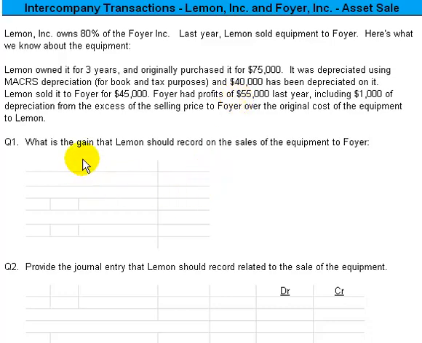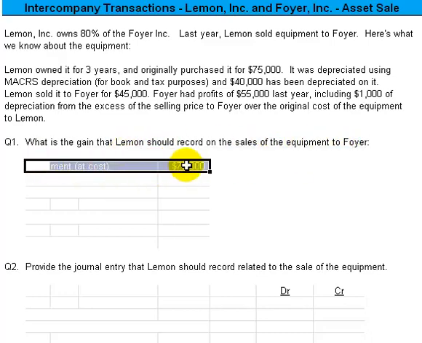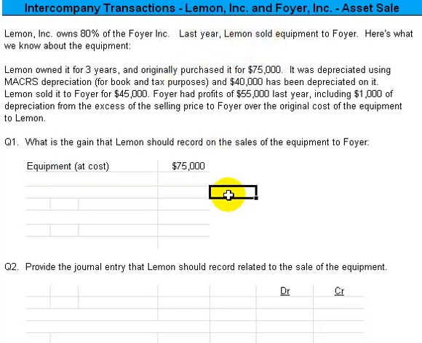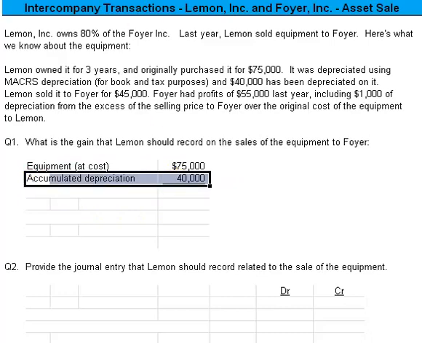Alright, so the first question is, what's the gain that Lemon should record on the sale of the equipment to Foyer? Now I worked this ahead of time, so let me just bring it to life for you. The equipment at cost was $75,000. The accumulated depreciation was $40,000.